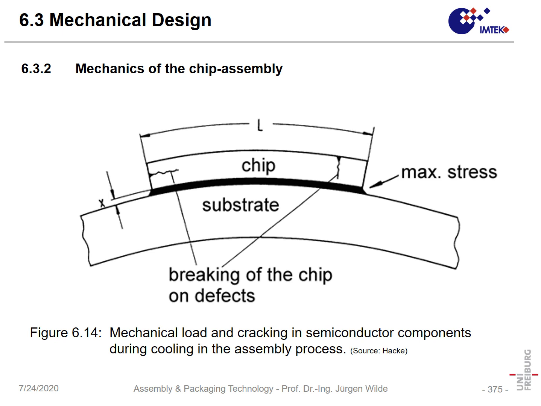But we would like to simplify the situation. So when we have a substrate, on that substrate we have mounted a chip. Again, we have cooled the whole thing after our, for instance, soldering process, and we will have stress, and we will typically see cracks here.